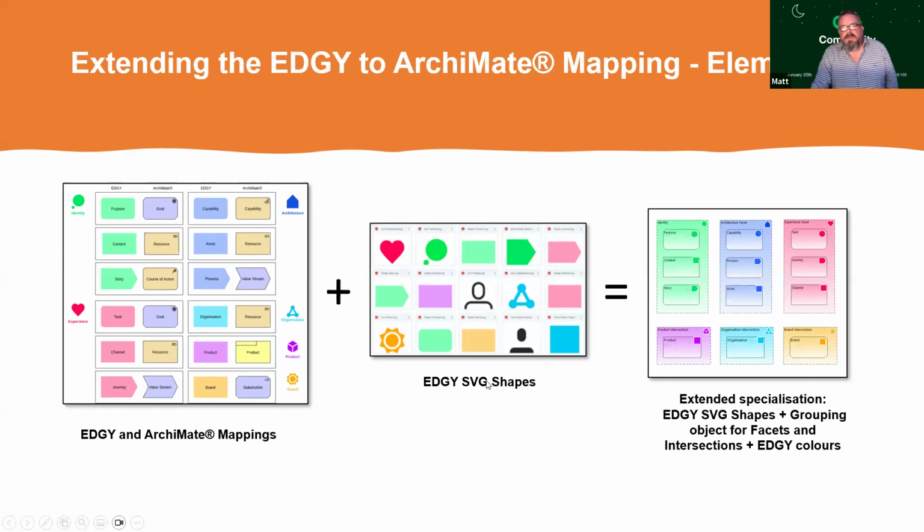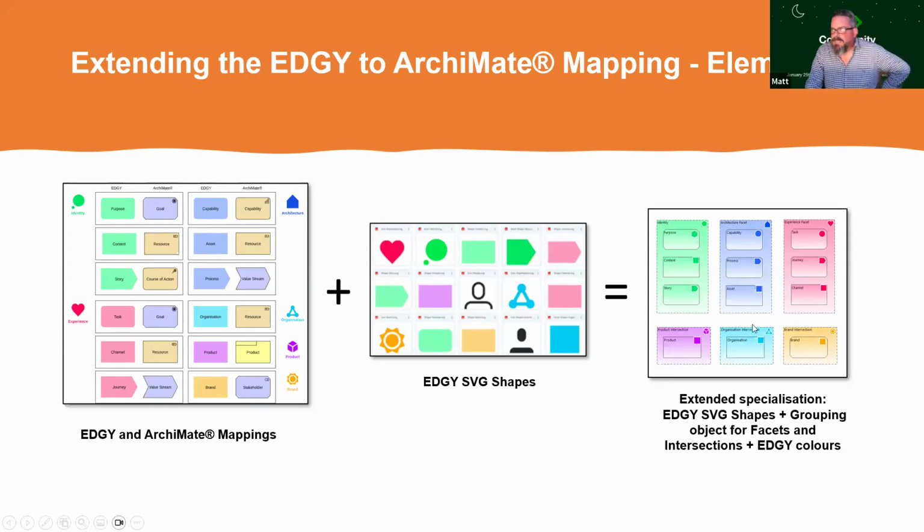From the website also there is the EDGY SVG shapes provided. So what I did was I said, okay, so that I can make it look more like EDGY, I will create in the specialization. So first of all, you create the specialization with the mapping, and then I thought, okay, I'll add the relevant image that explains or represents that EDGY object.